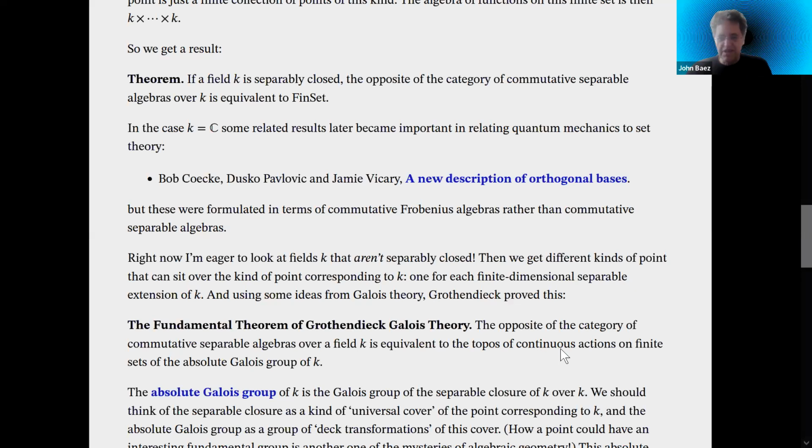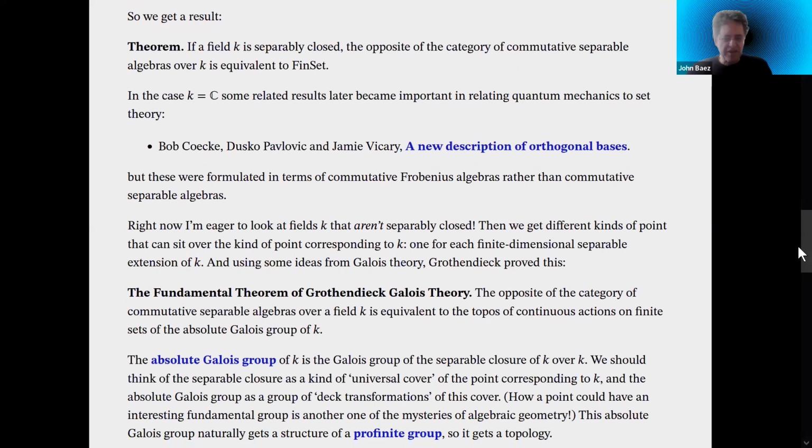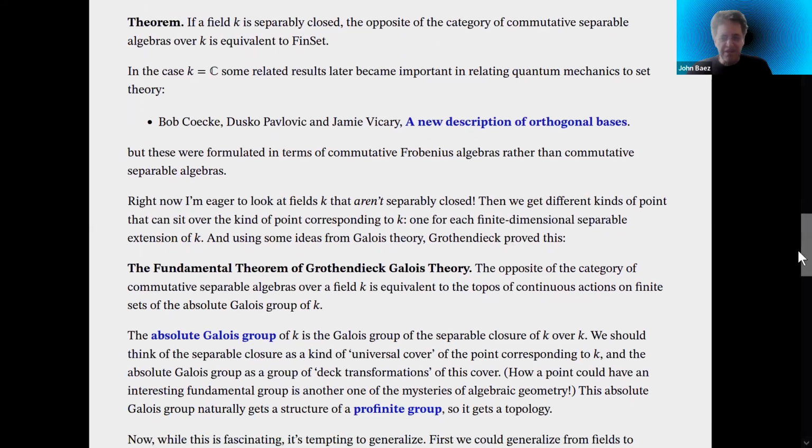All of these continuous actions factor through a finite quotient of the absolute Galois group, sort of keeping things finitistic. So that's really nice. I should have learned this much sooner, I guess. I don't know the proof, but it just seems very believable to me now. So I like it a lot.